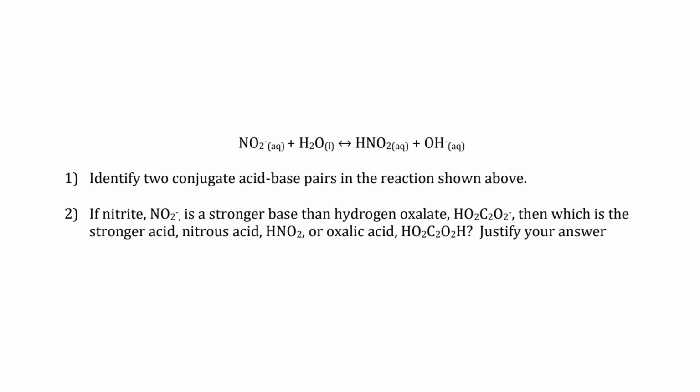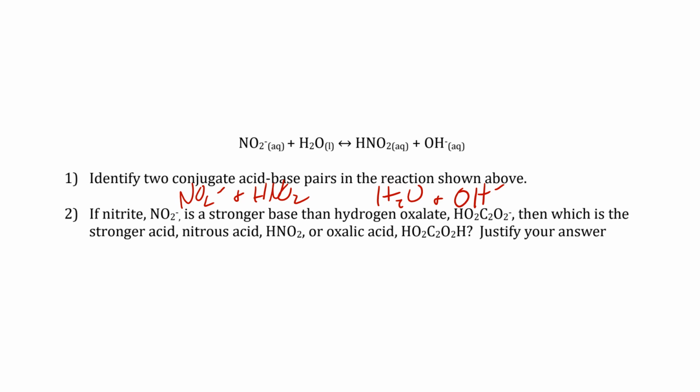If you look at the product side, it looks like the water loses an H. So that makes the nitrite ion and the nitrous acid our base and conjugate acid. So the acid-base pair is NO2 minus and HNO2. And then the other one is the water and the hydroxide ion.